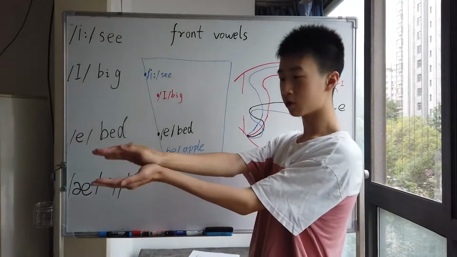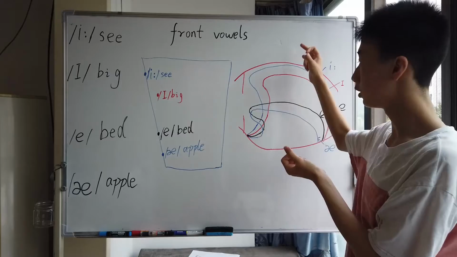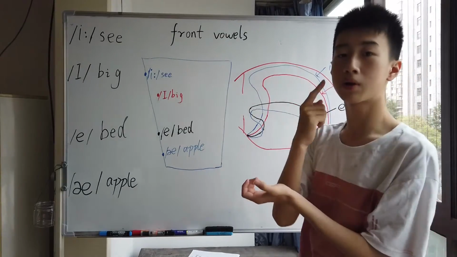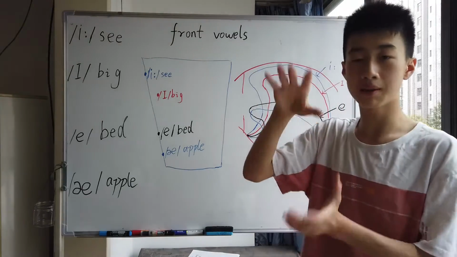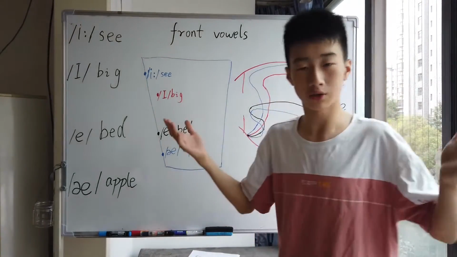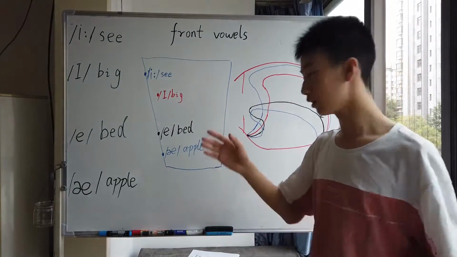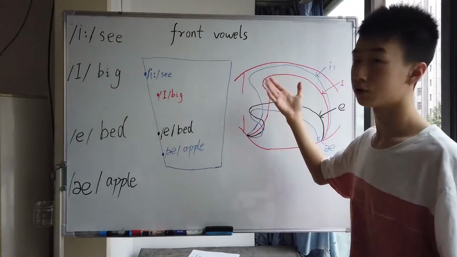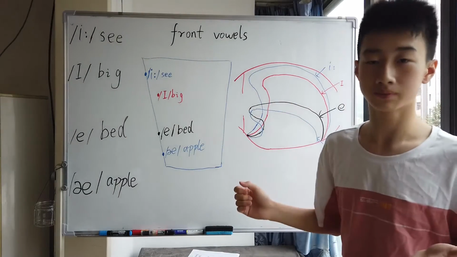When you open your mouth bigger, the tongue position relative to the upper palate would be amplified, getting bigger and bigger as you open up your mouth. So there are two ways to increase the gap, and vice versa. If you want the gap between your tongue and the palate to get smaller, you should just close your mouth.